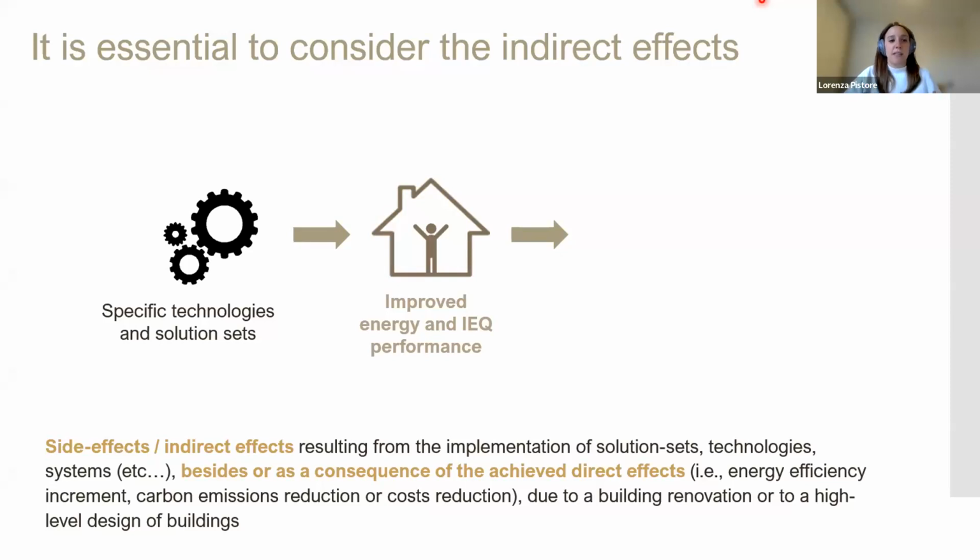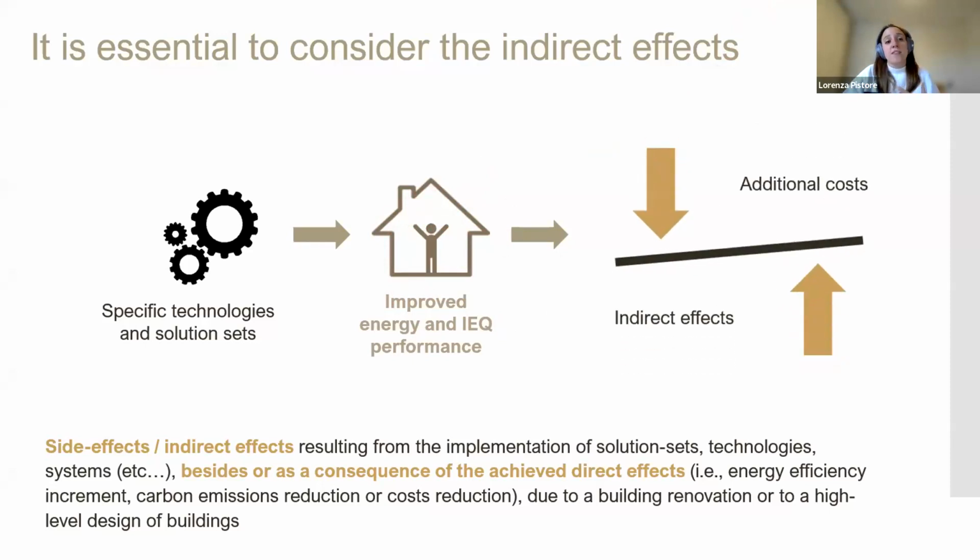So we implement the building-specific technologies and solution set. We achieve an improved energy and indoor environmental quality performance. Of course, implementing some specific technologies can bring additional costs in the investment, but it's important to consider that this will bring also some co-benefits and indirect effects.